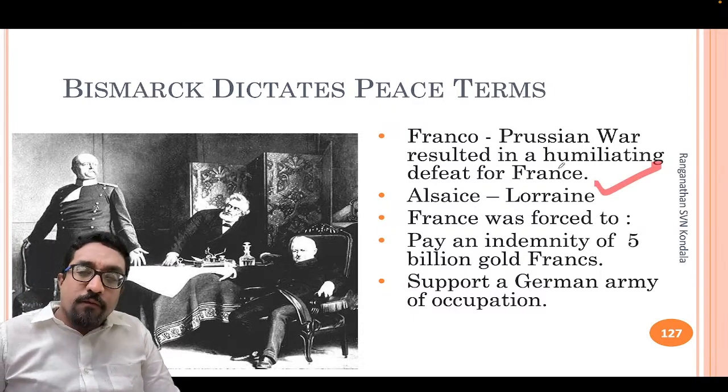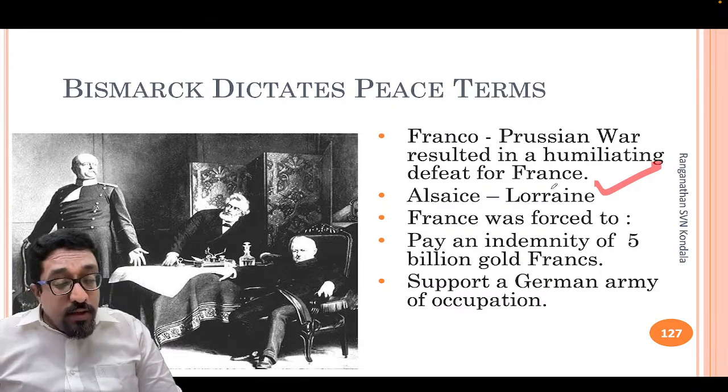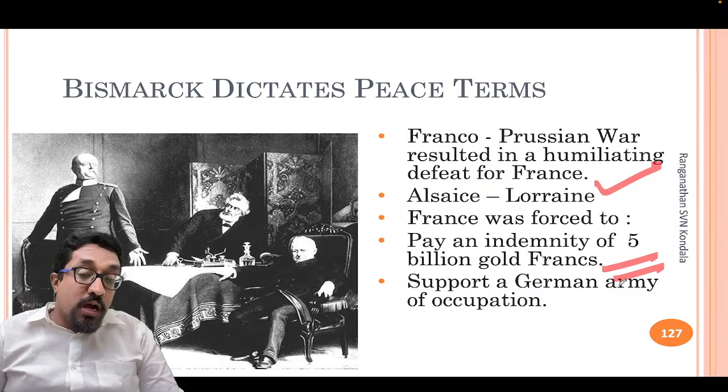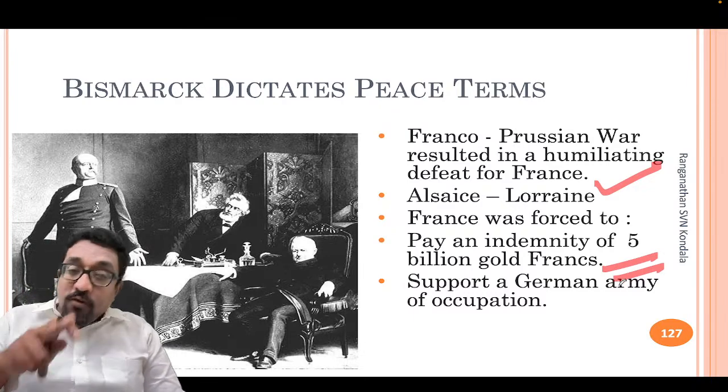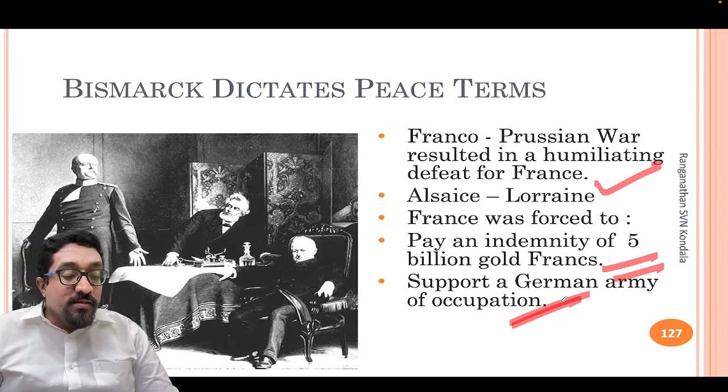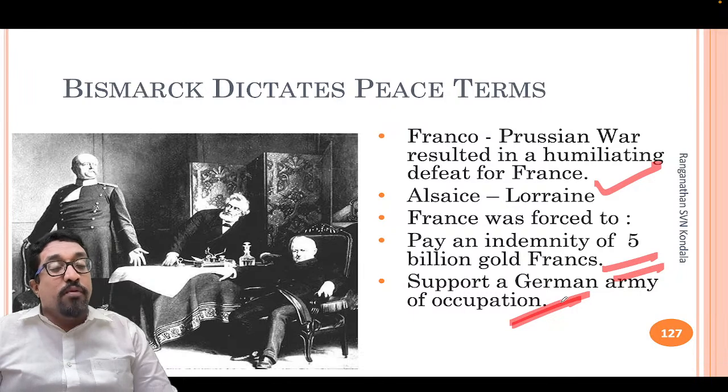Alsace-Lorraine was taken away from France. France also was made to pay a total war penalty of 5 billion gold francs. Also, France had to support an occupying German army economically, politically and socially.